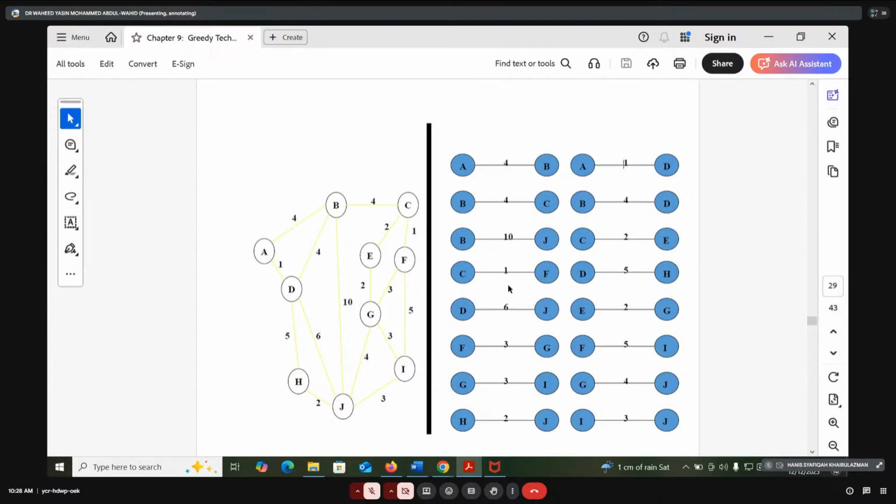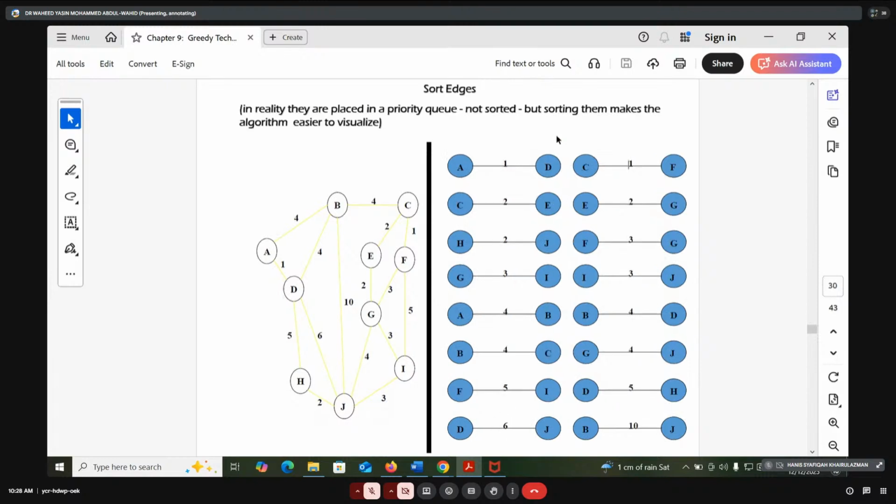So with 1 and 1, then 2, I have CE, AG, HG, HD. So here, these are the sorted edges. In reality, they can be placed in a priority queue, not sorted, but sorting them makes the algorithm easier to visualize. So after sorting the links between the nodes, now I start selecting the edges.